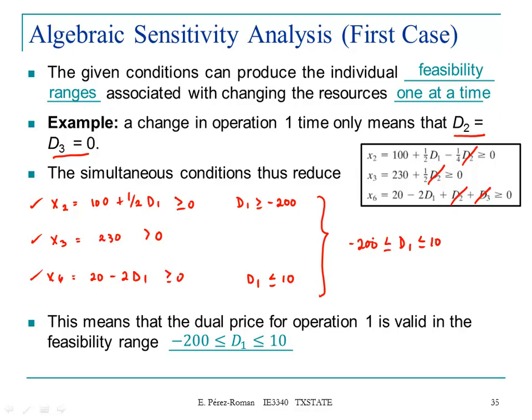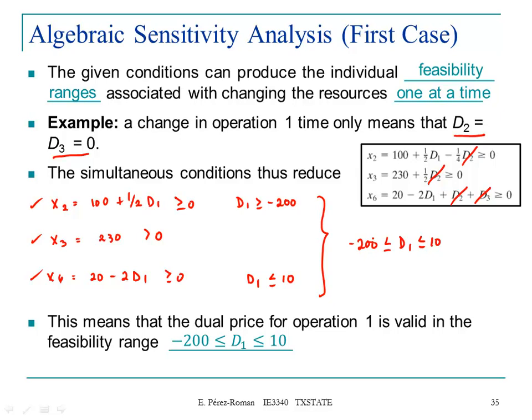So again, we found the dual price for D1 was 1. So an increase of a unit for operation 1 will increase the optimal solution by 1 unit. So if you increase by 100 units, then that means that you're going to make $100 more. But what happened? You can only increase that up to this number.